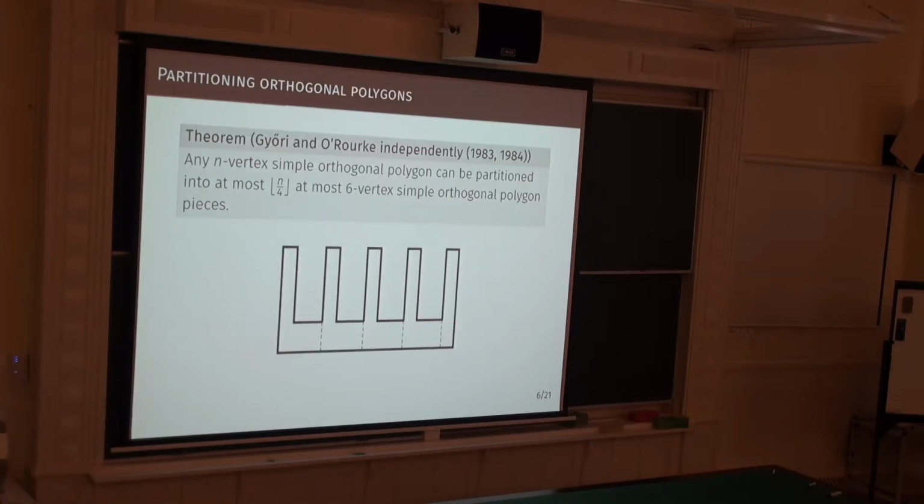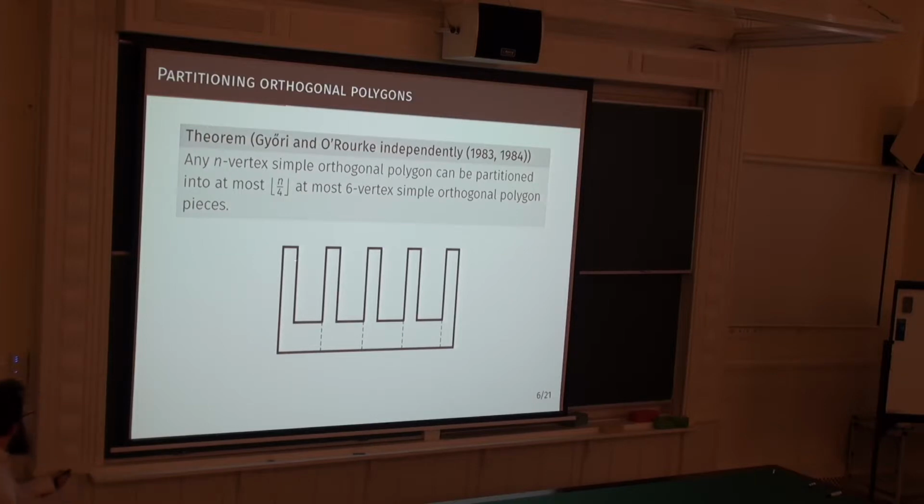And Sack and O'Rourke independently proved that indeed the art gallery theorem for point guards of orthogonal polygons holds even with rectangular vision. And the way they proved it is that they proved this partition theorem of orthogonal polygons, namely that any orthogonal polygon of n vertices can be partitioned into at most n over 4 pieces of at most 6 vertices.